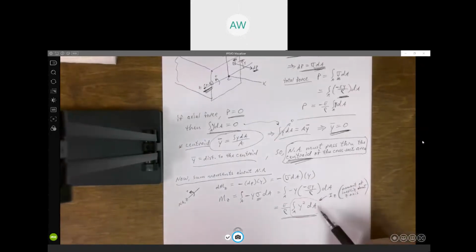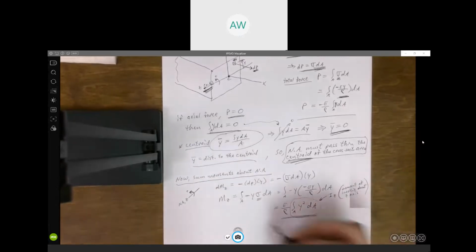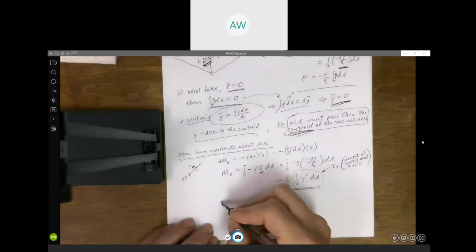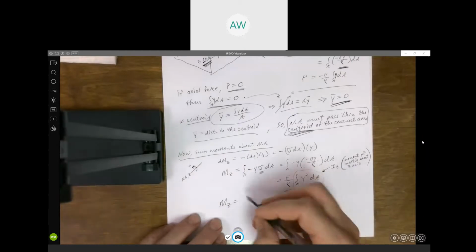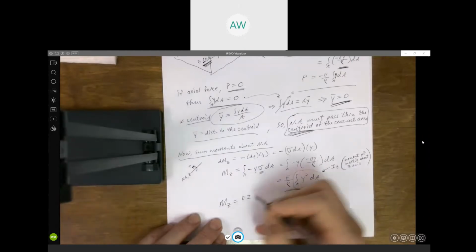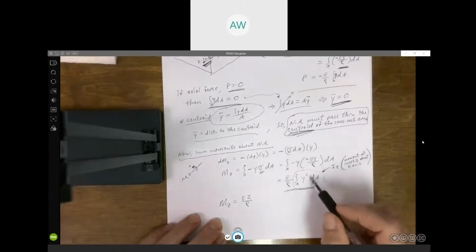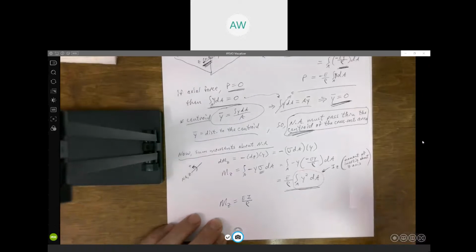So we're just going to go ahead and replace that integral with Iz. What we've got now is Mz is equal to EI over rho. We just replace that integral with I. It's understood to be Iz.